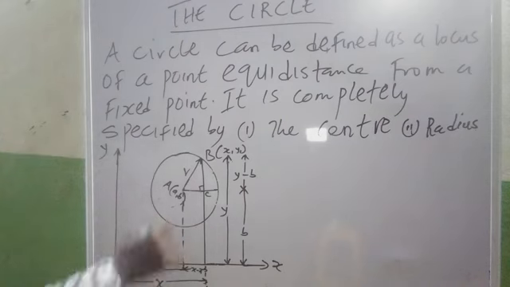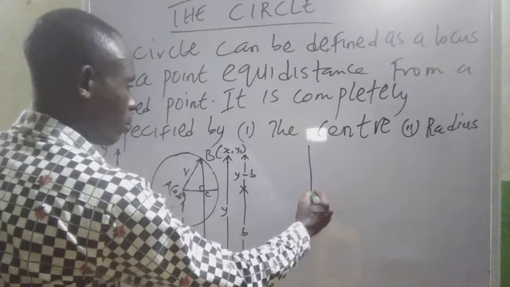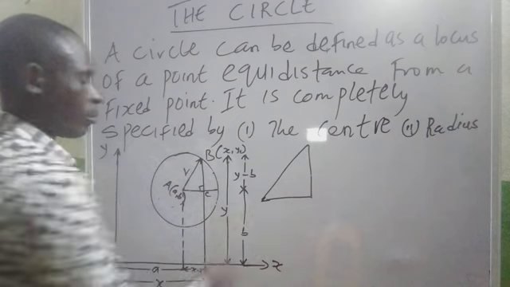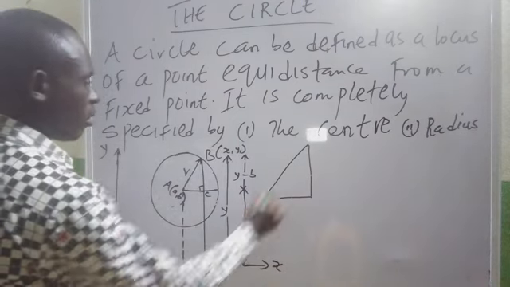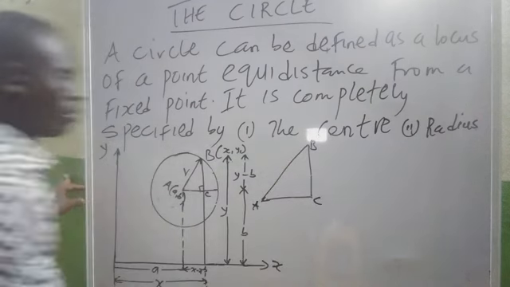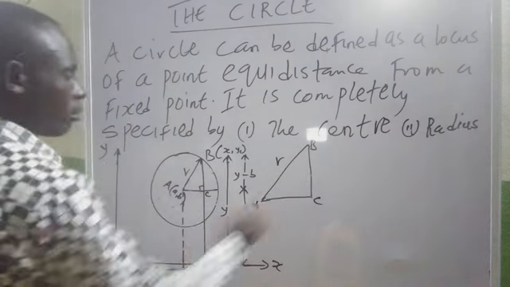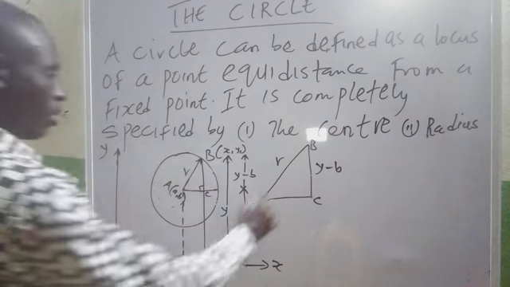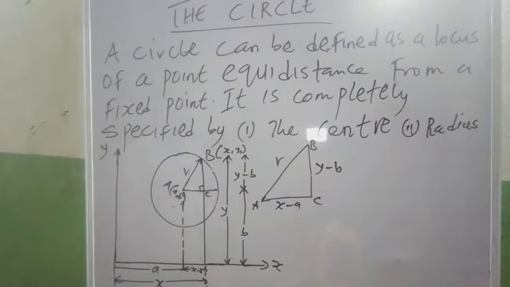Now if I quickly bring out this triangle, we'll have a triangle. This is A, this is B, this is C, and this is our radius r. I know that this is y minus b, while this is x minus a.